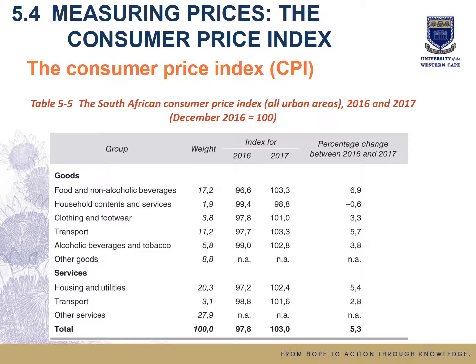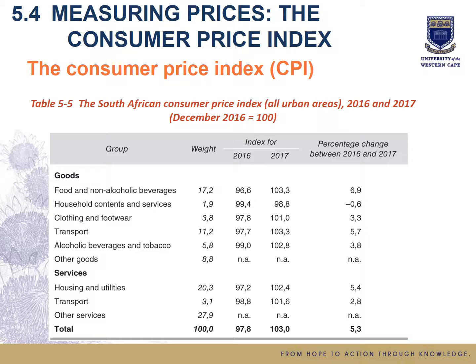Table 5.5 illustrates the South African Consumer Price Index for all urban areas for the period 2016 to 2017. The weights on the different groups of goods and services included are based on the 2014-2015 survey on household income and expenditure. These values are average values for the year.